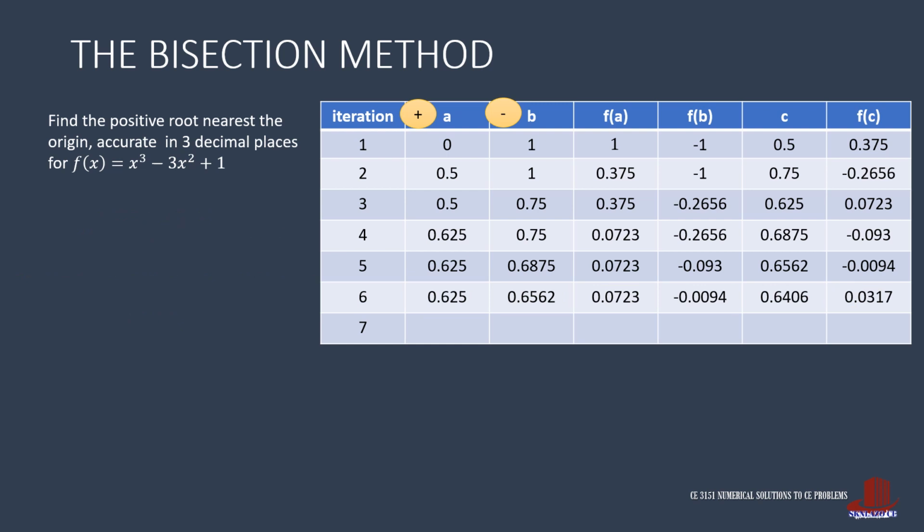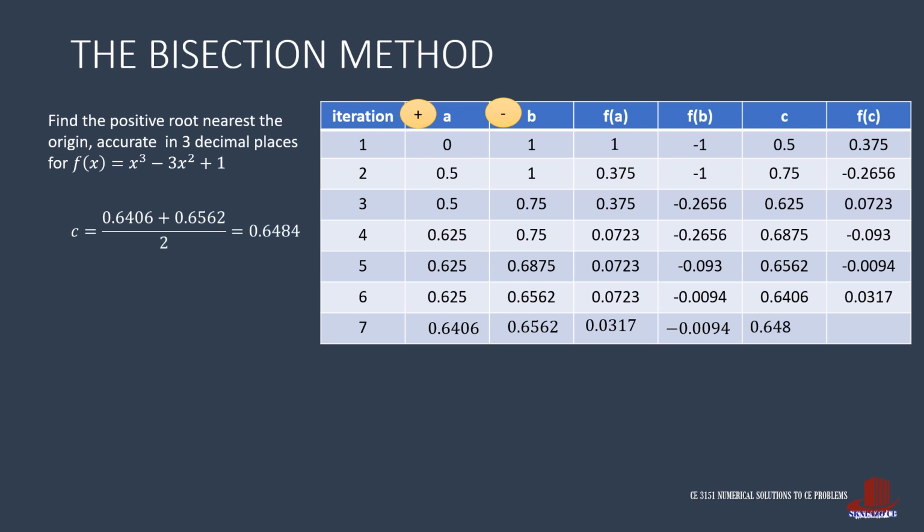For this next iteration, we use the updated a as 0.6406, with f of a as 0.0317. b is still 0.6562, with f of b as negative 0.0094.